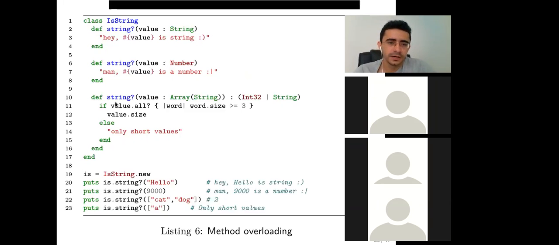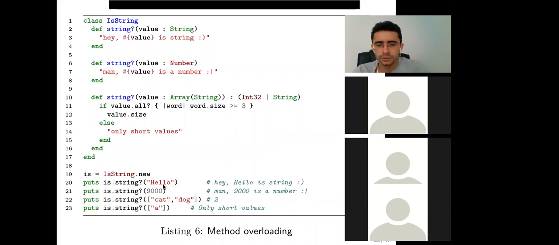And this third method accepts an array of strings and returns either an int or a string. I have to say that if you pass an array of numbers, or an array of another kind of object, it will return an error like that one. It won't compile. Okay, and these are some examples.